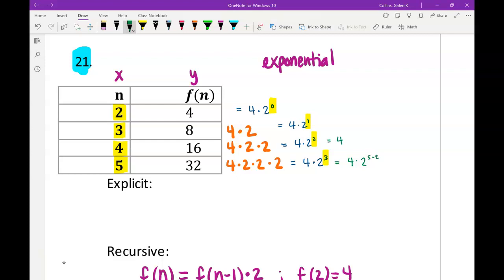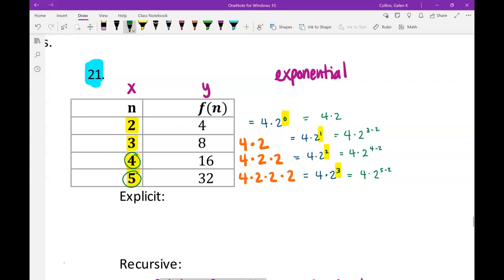This is 4 times 2 to the 4 minus 2 power. If you're wondering why I'm writing it this way, I'm trying to incorporate the n values in our exponent. So this is 4 times 2 to the 3 minus 2 power. And this is 4 times 2 to the 2 minus 2 power.